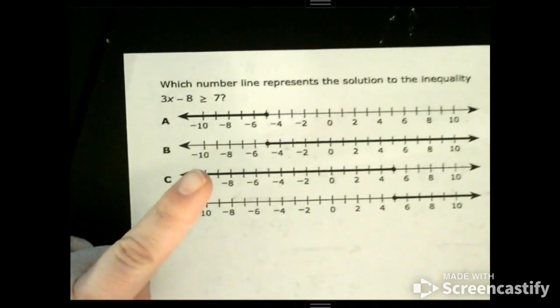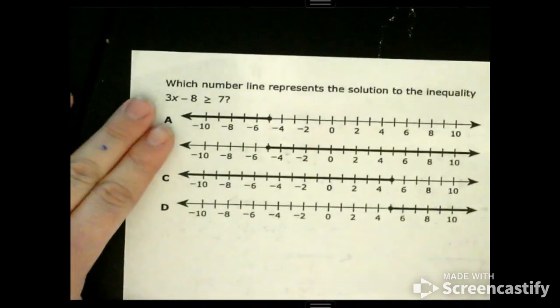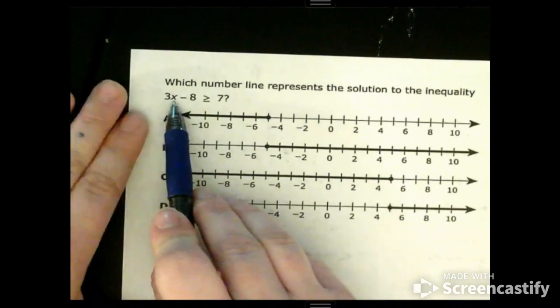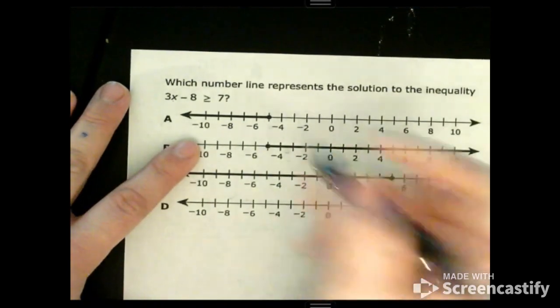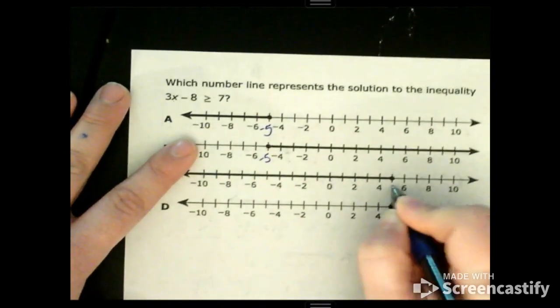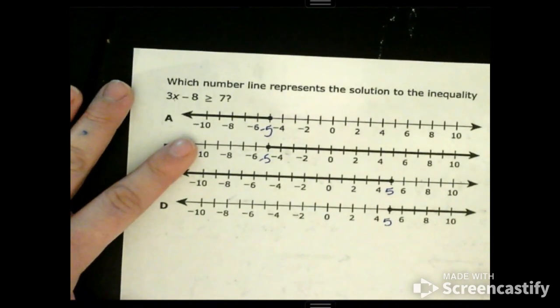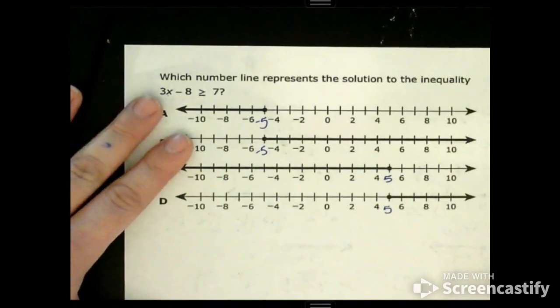Okay, based off of my circles and based off of which direction it's going. All right. So what I need to know, though, here, so this is a -5. This is a -5. This is a +5. So do I know that my solution is going to be a 5? I just need to know if it's positive or negative, right?